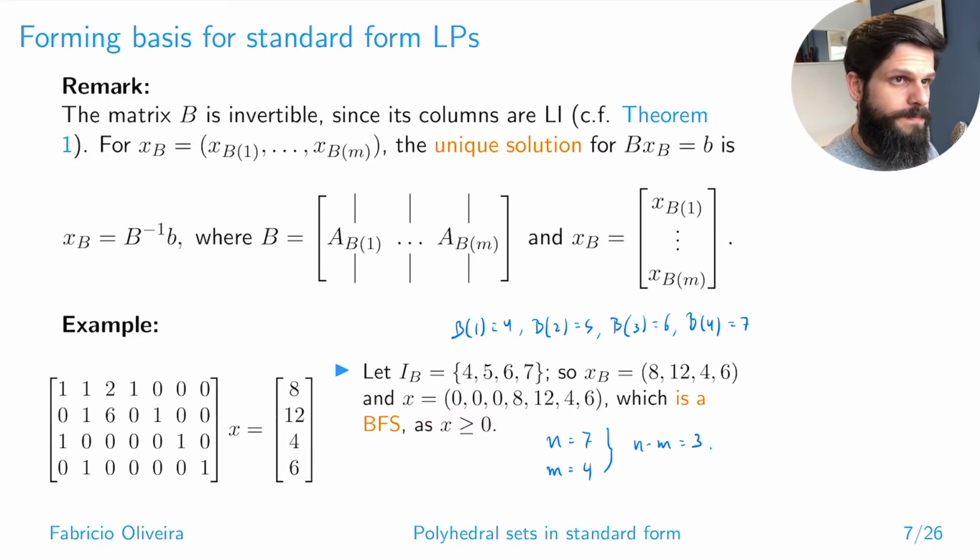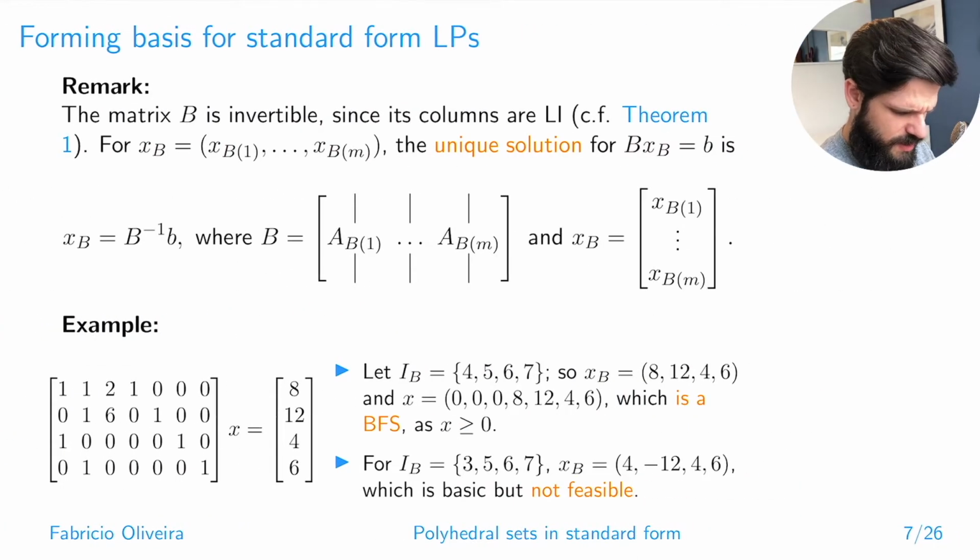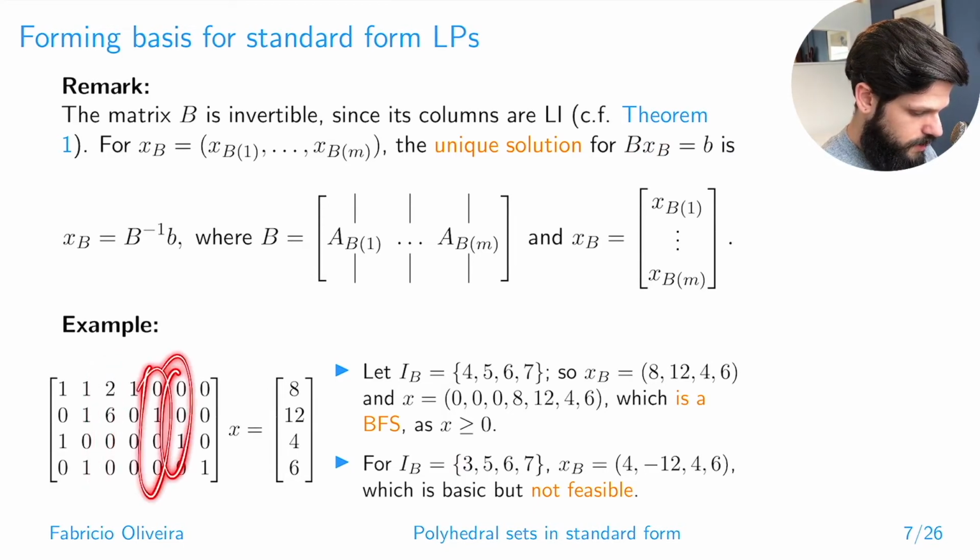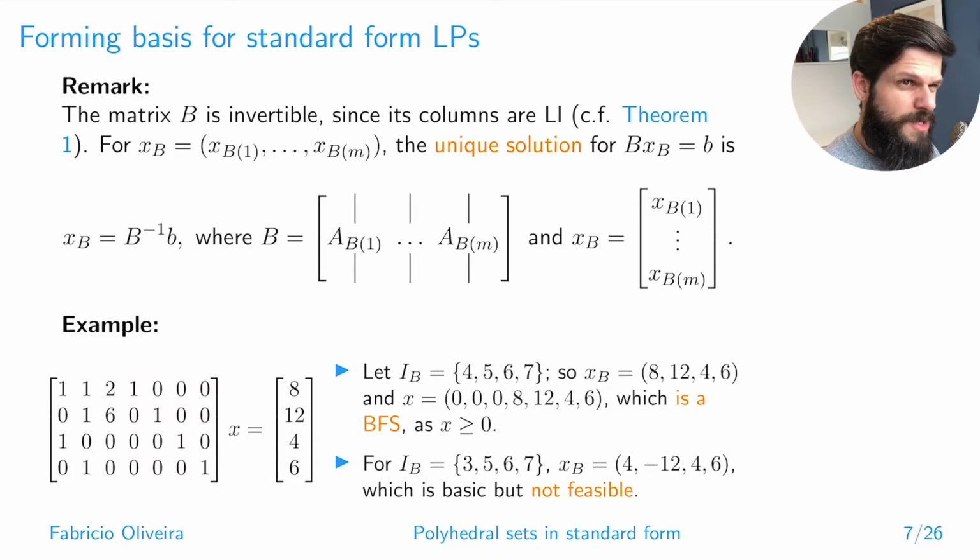So I'm good. If I do another selection, I think 3, 5, 6, 7 I chose. Yeah. So if I do 3, 5, 6, 7, I can do the same process. I'm picking this column, this column, this column, and this column. Then I need the backslash operator because the inverse is not as obvious.